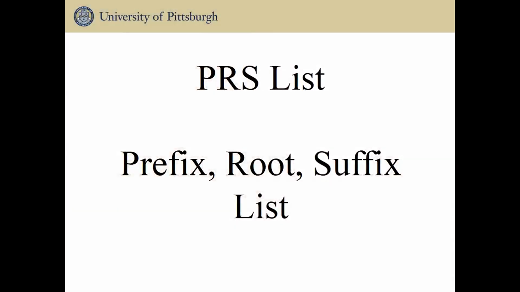A key to solving these medical word puzzles is a list of common prefixes, roots, and suffixes. We call this the prefix, root, and suffix list, or the PRS list. The list is available as a study guide in this module and in the Clinical Terminology Dictionary. Take a good look at the PRS list.